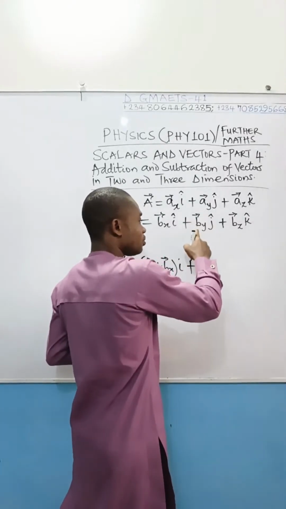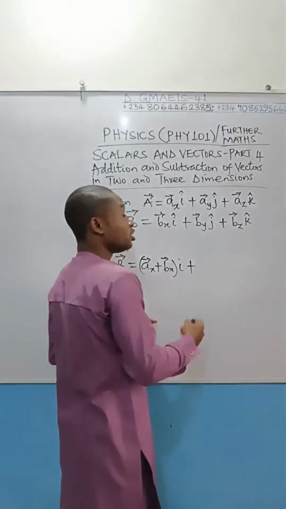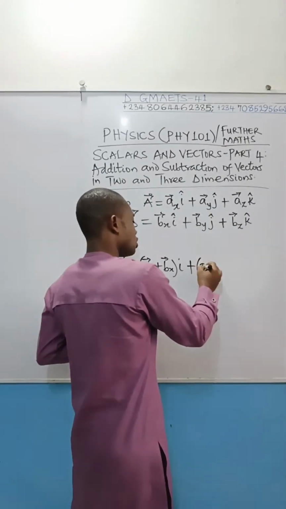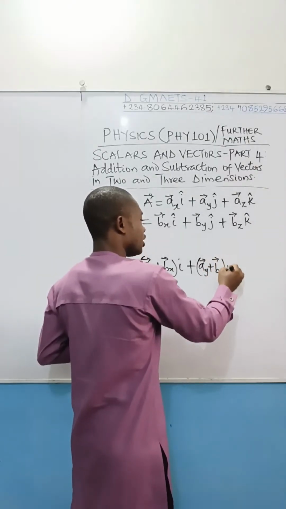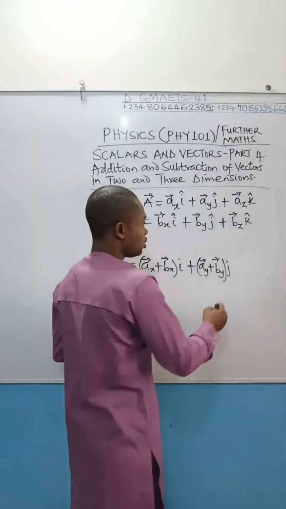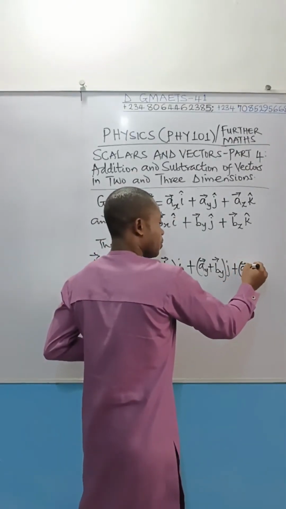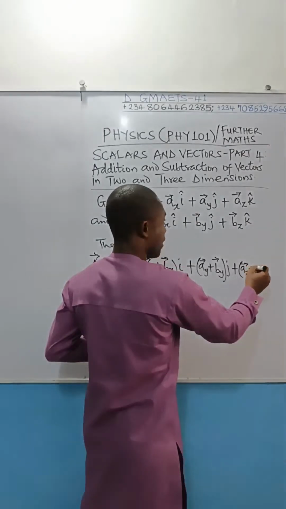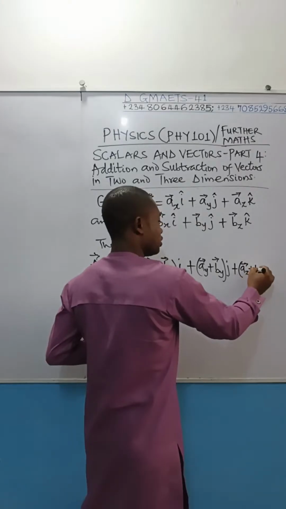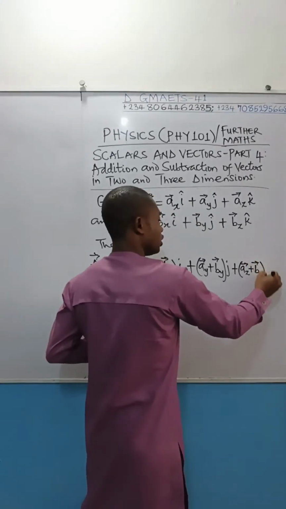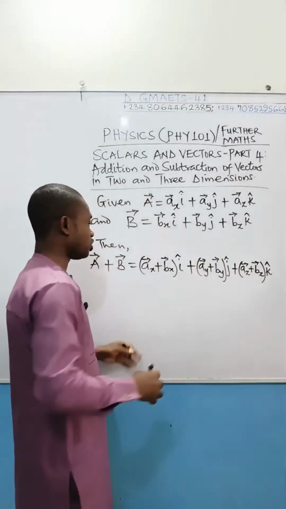So ay plus by, because both of them bear j unit vector. So ay plus by, and then in the direction j, plus az plus bz. Then, of course, you have that unit vector k attached to it.